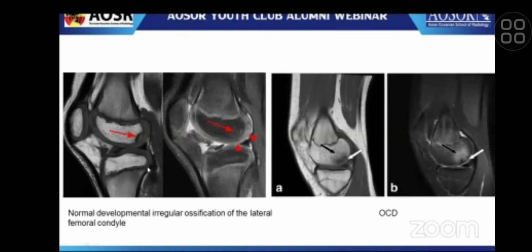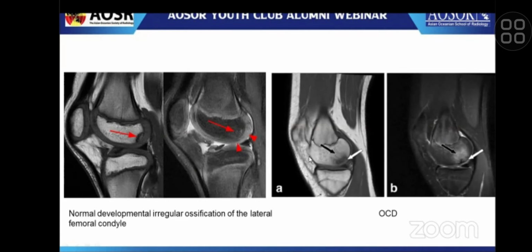And the second one is normal development of the irregular ossification of the lateral femoral condyle, which can easily be confused with osteochondritis dissecans. In normal development we have normal cartilage and no bone marrow edema.